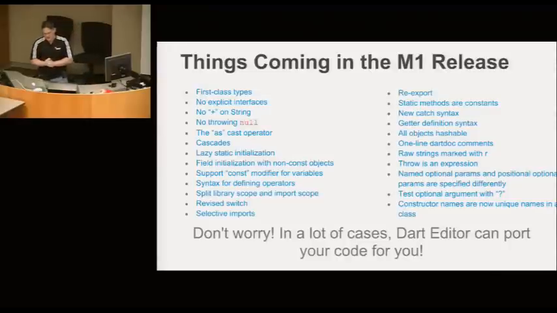It's a neat syntax, and we're changing the way exceptions are structured, and there are lots of breaking changes, and you're like, oh no, you're breaking the language, you are so evil. But on the other hand, we have Dart Editor, and Dart Editor says, would you like me to fix your code? And you're like, yes. And then it just fixes your code. So that's pretty cool. We're excited about that.